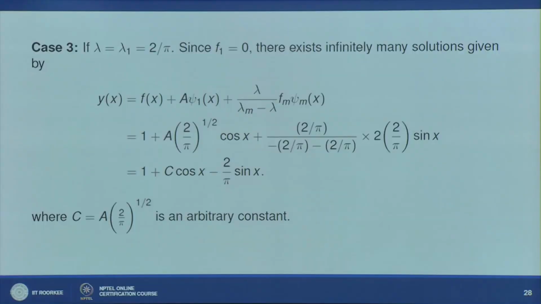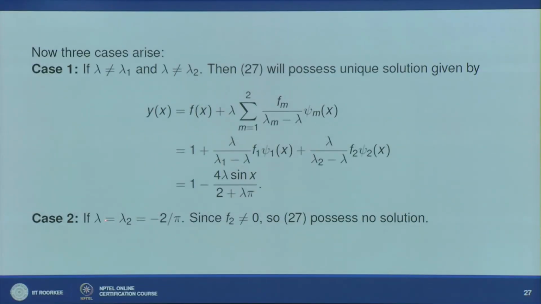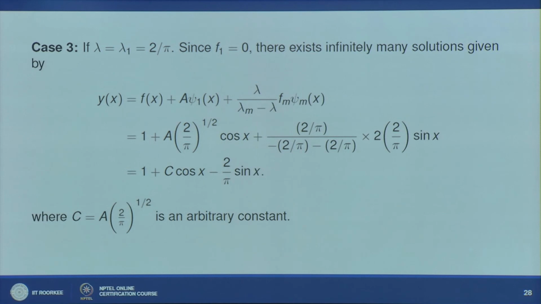If so, we have infinitely many solutions, and if lambda is lambda 2 and f is not orthogonal to the second eigenfunction, then we do not have any solution. So we have these many cases.